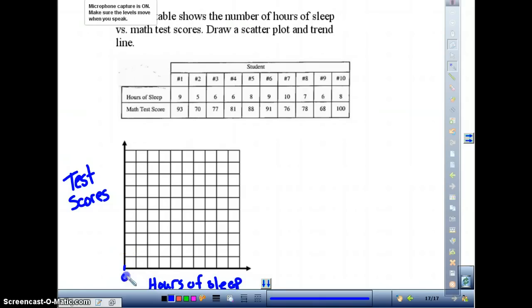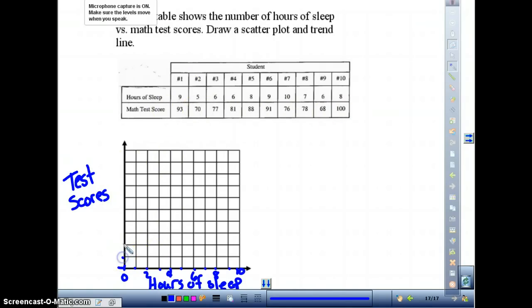We're going to start here at 0. And hours of sleep looks like it goes up to 10. So 1, 2, 3, 4, 5, 6, 7, 8, 9, 10. Each one of these is going to increase by 1 hour each time. Okay, so there's 1 hour, 2 hours, 3 hours, 4 hours, 5 hours, 6 hours, 7 hours, 8 hours, 9 hours, 10 hours. And test scores have to go all the way up to 100.